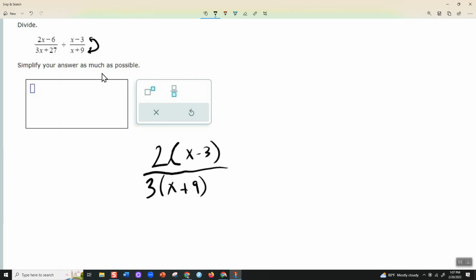And then, of course, I flip this one upside down to get x plus 9 over x minus 3. And it's being multiplied now that I flipped the fraction. Division means multiplying by the reciprocal. So that reduces, this reduces, we get our answer of 2/3.